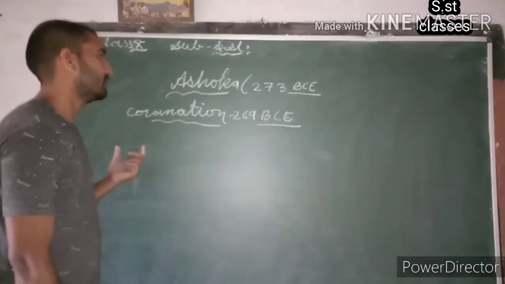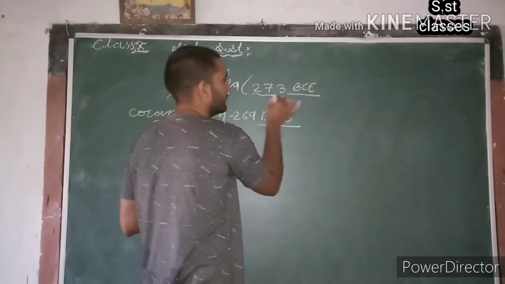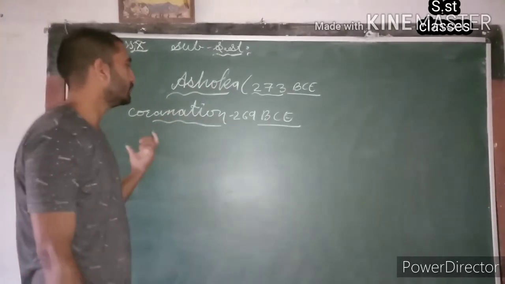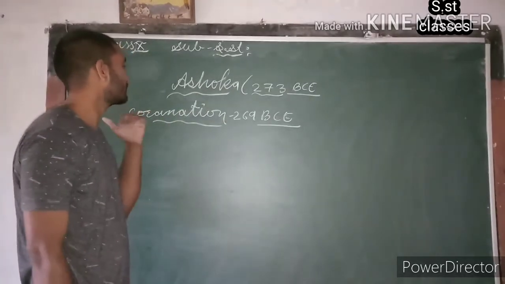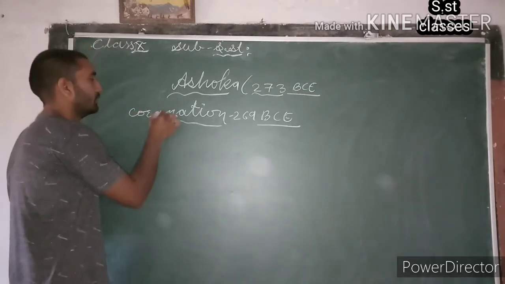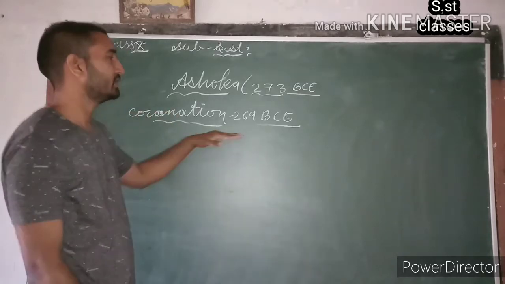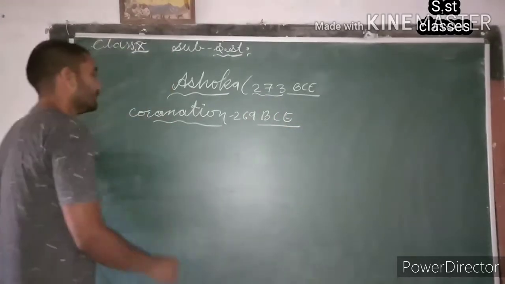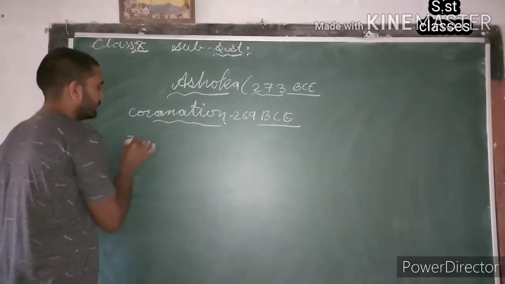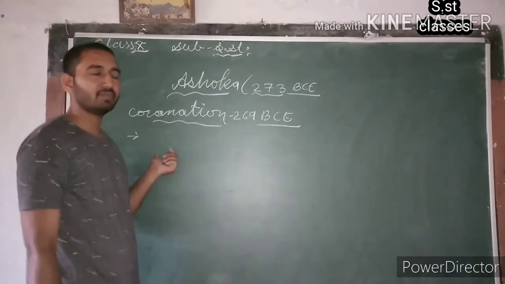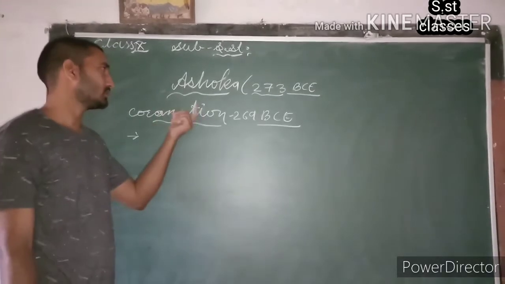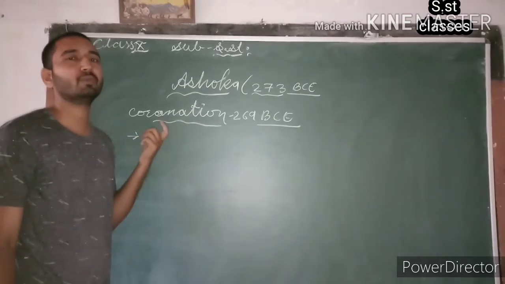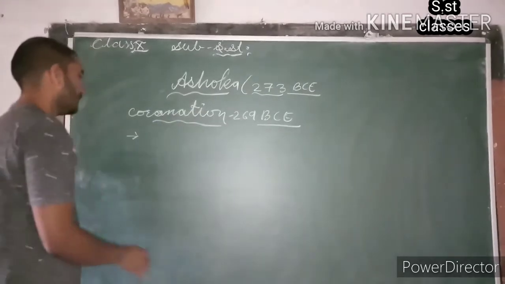Okay, so Ashoka came in power in 273 before Common Era, and we can say that he was coronated on 269 before Common Era. Is that clear? Okay. So after the death of Bindusar, Susim became the ruler, but Ashoka killed Susim, and in this way Ashoka became the next ruler of Mauryan dynasty.